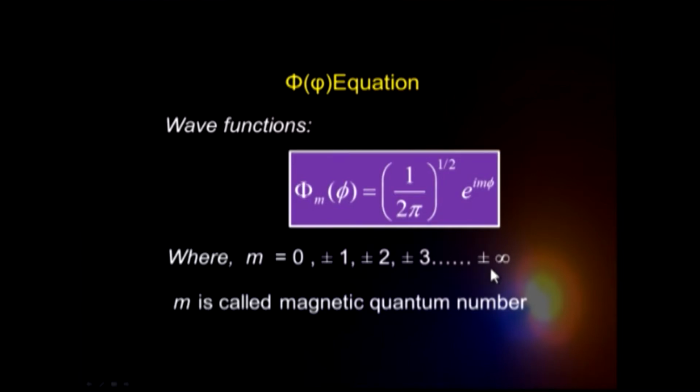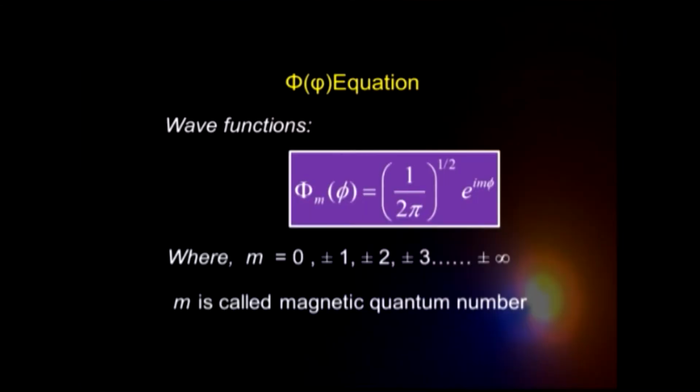If I put m equal to 0, I get one function. If I put m equal to plus 1 or minus 1, I get another one. So I get a series of functions when I substitute the value of m into the generalized equation which I got in the process of solving the phi equation. So I am getting an infinite number of solutions.